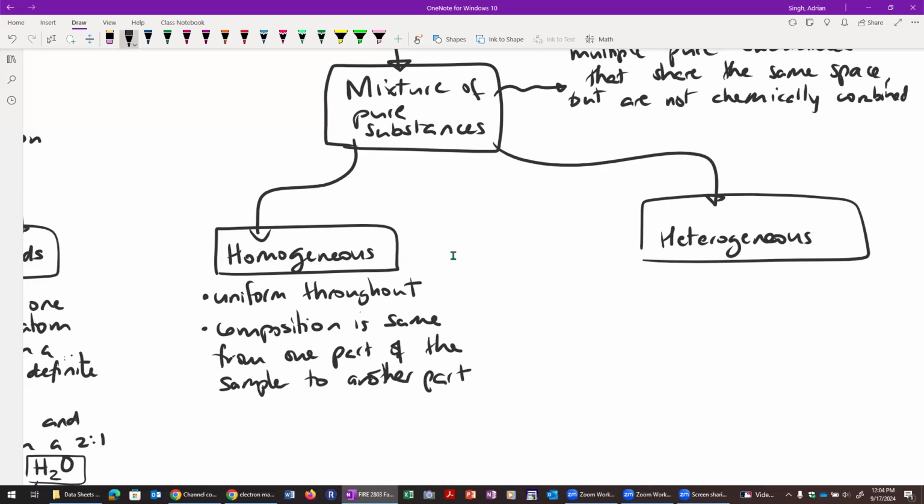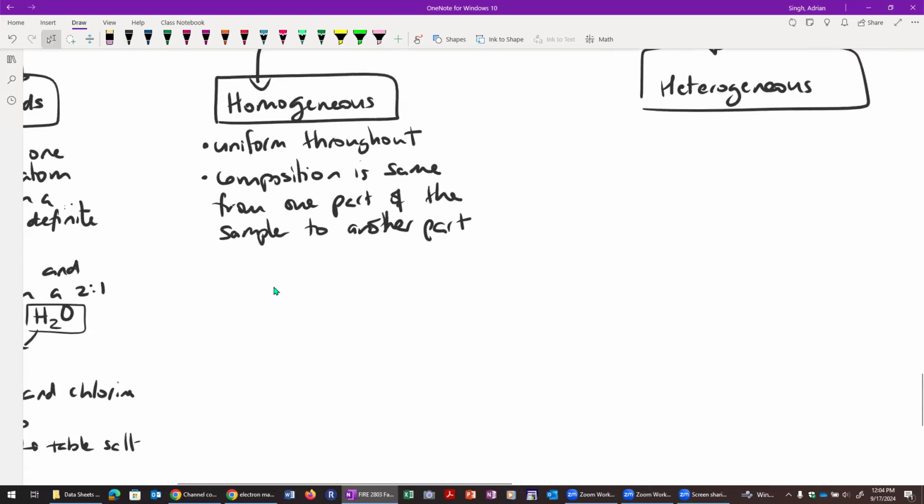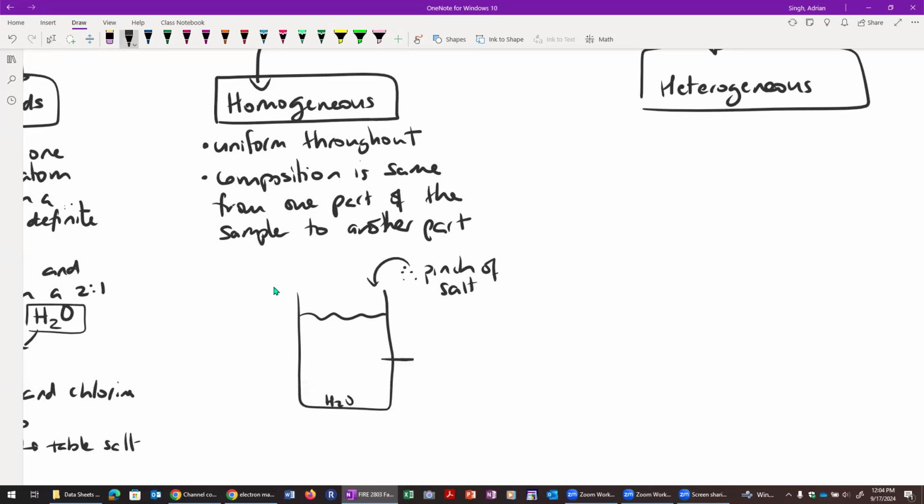Okay, so for instance, if I had something like a glass of water, so there's an H2O, and I added a pinch of salt to it, and I stirred that salt up, right? You will see that the salt dissolves, and then that becomes a salt water mixture.